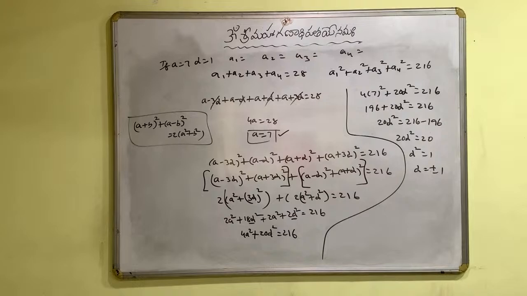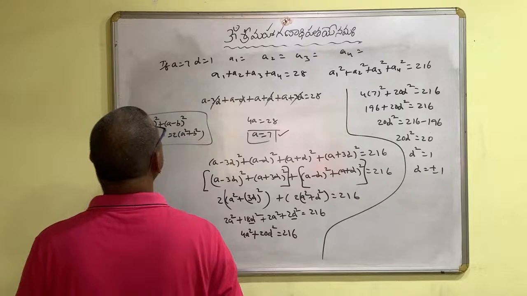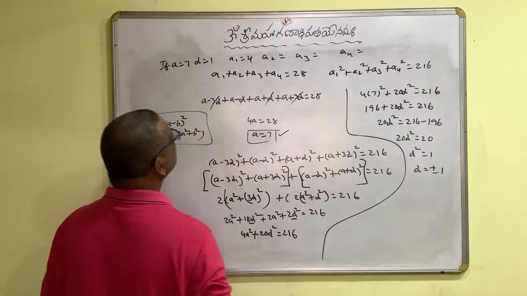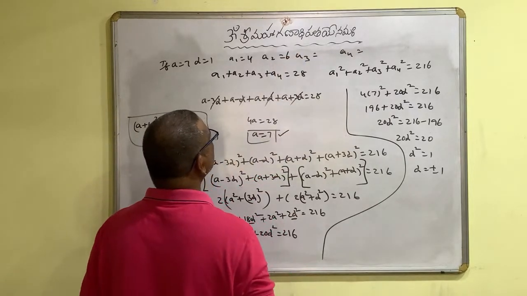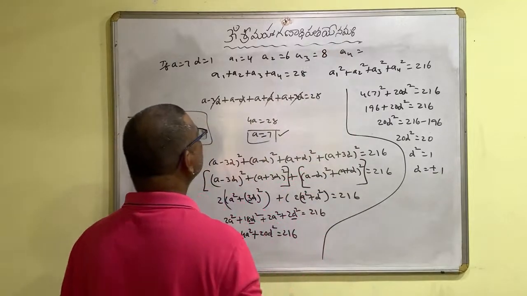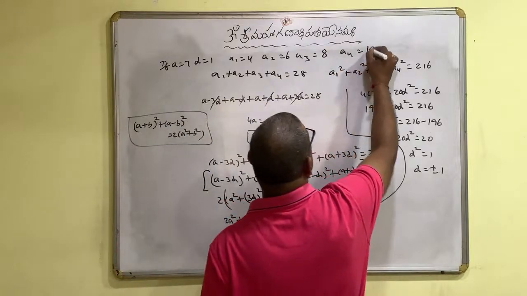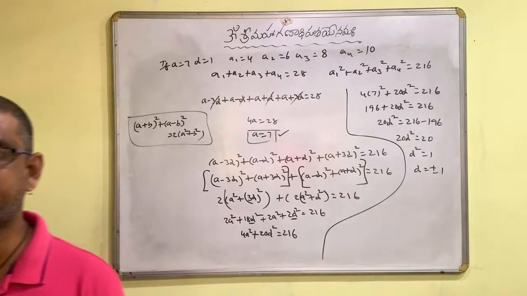A minus 3D. A1 is A minus 3D. 7 minus 3, 4. 7 minus 1, that is 6. 7 plus 1, 8. 7 plus 3, 10. So the 4 terms are 4, 6, 8, 10.